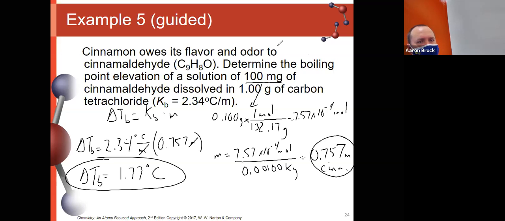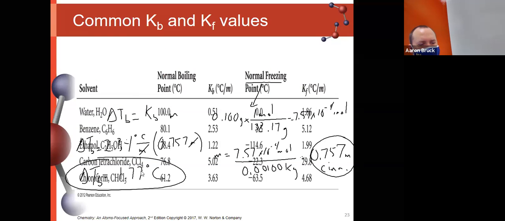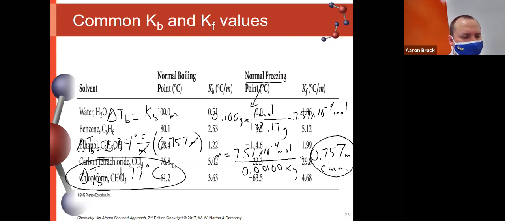If I circle back one slide, I'll find that for carbon tetrachloride, its normal boiling point is 76.8 degrees.